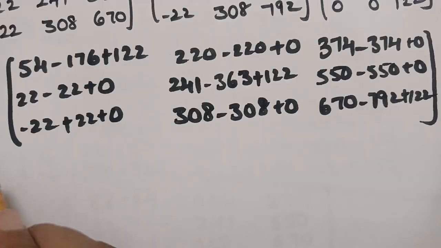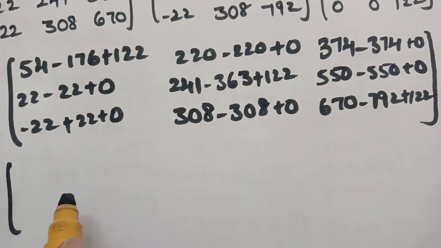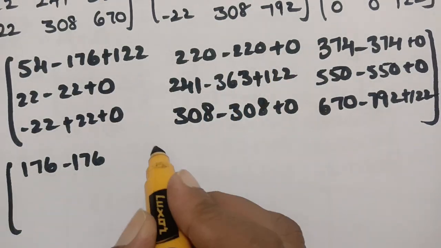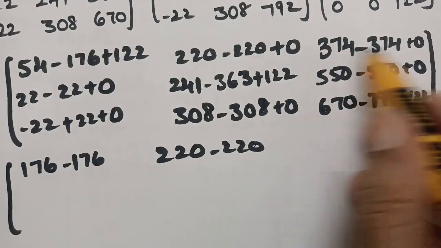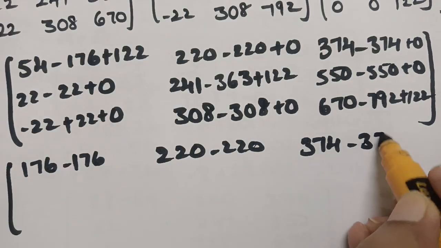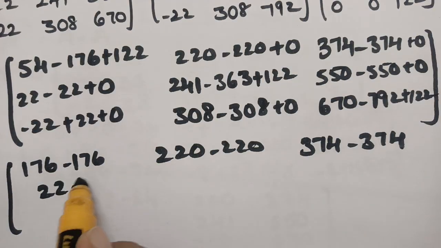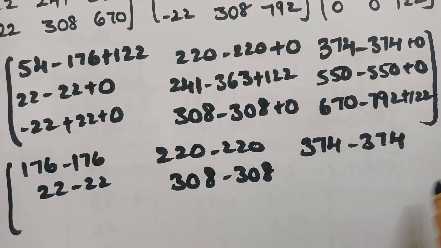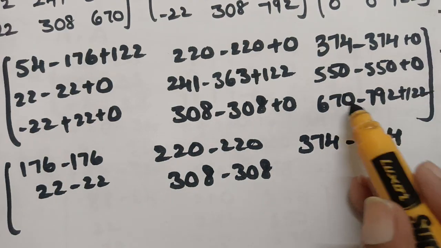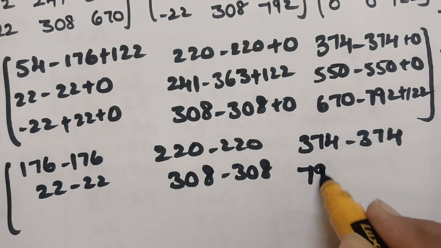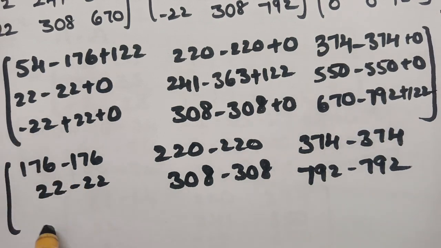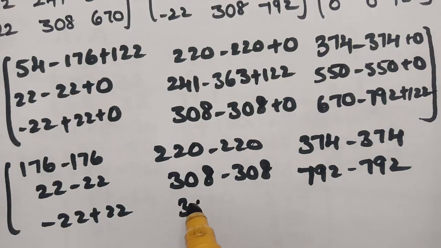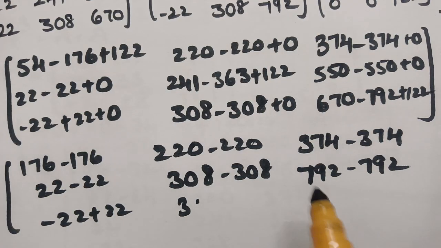Clear? So here this is going to become 54 plus 122, which is nothing but 176 minus 176, and this value is 220 minus 220, and this value is 374 minus 374. This value is 22 minus 22. This value is 308 minus 308. And if you add these two, this is 297. So this is 792 minus 792, and this value is minus 22 plus 22, and this value is again 22 minus 22.